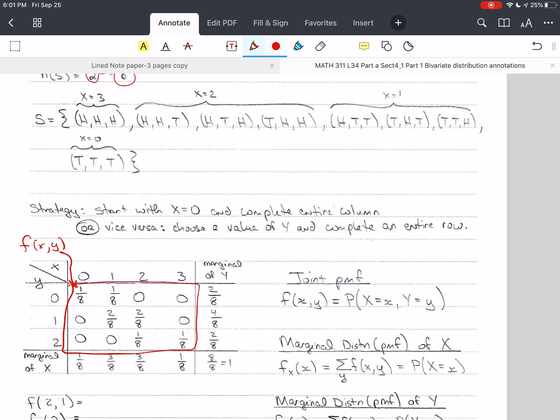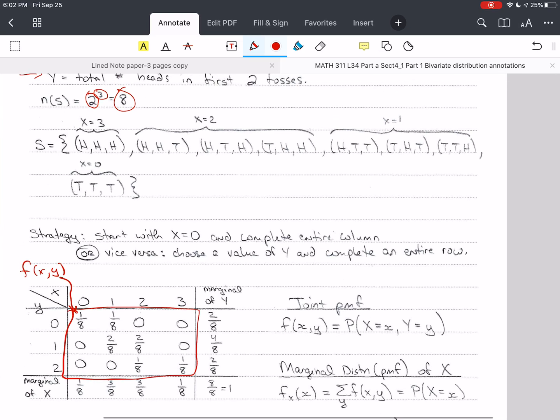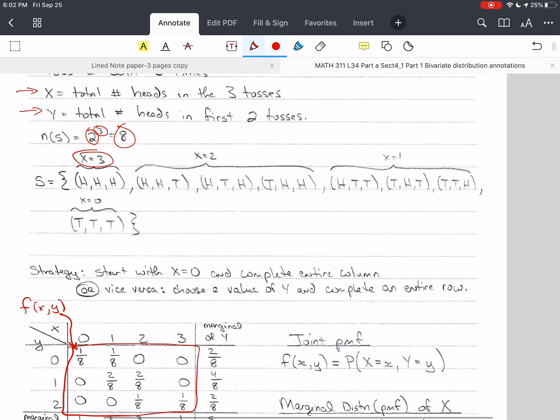So what I've done is something that's planning ahead. I've put this in order by x. Why x and not y? I could have done y, but x is easier because it deals with all 3 tosses and y only deals with 2 of them. So in this special case, definitely better to do it by x. So here's x equals 2, x equals 1, x equals 0.